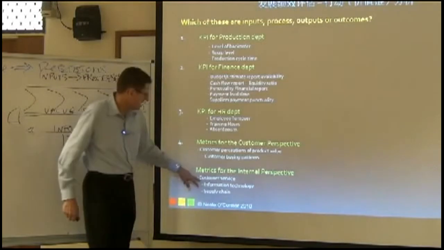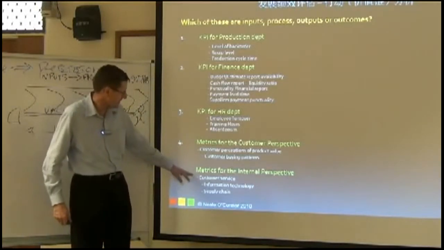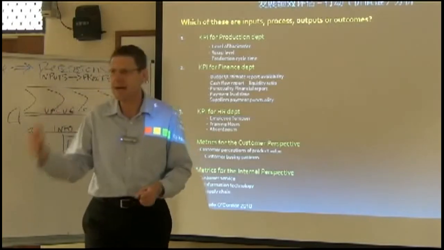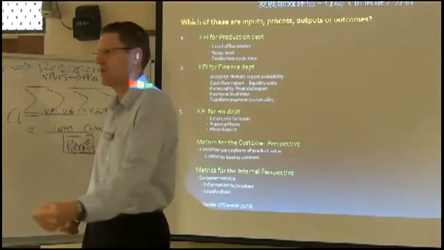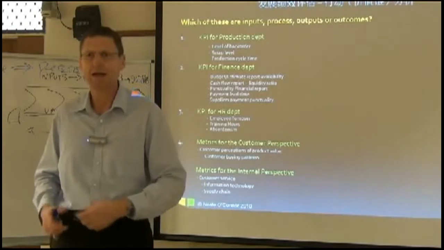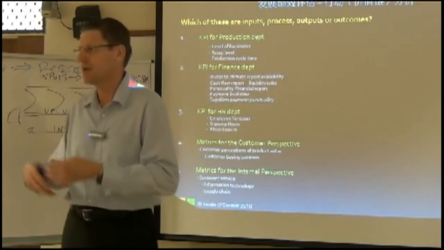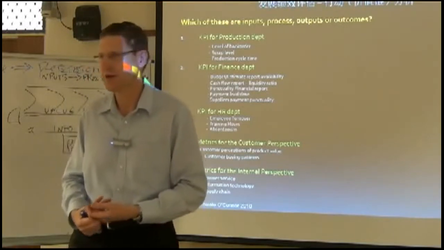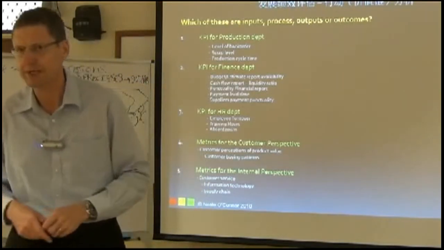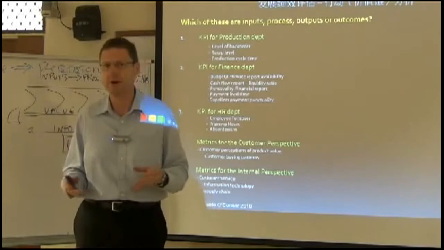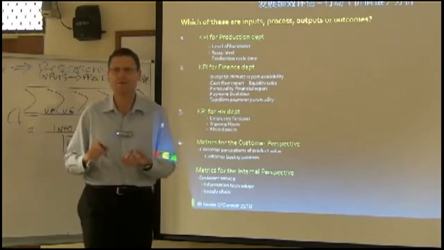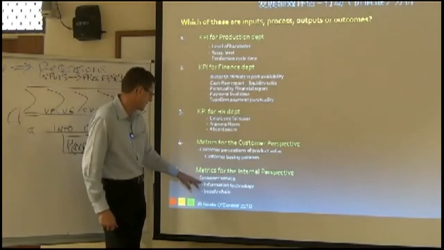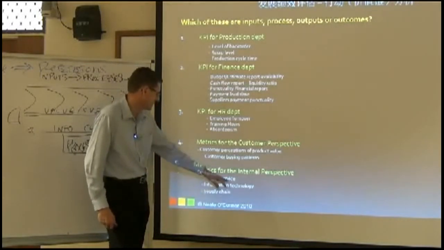Okay, metrics for internal perspective, customer service. So we can think of all of you in customer service, manning the phones, ringing up customers 1 month after they bought the car. Are you happy with the car? Is there anything we can do for you? Any feedback on how you were served? You with me on this? Or you might be manning phones to take complaints or to fix problems after the sale, right? So let's have a look at customer service itself.